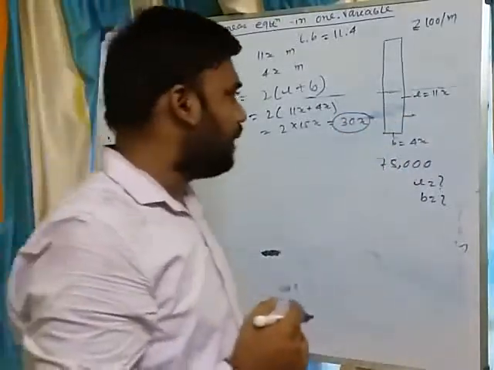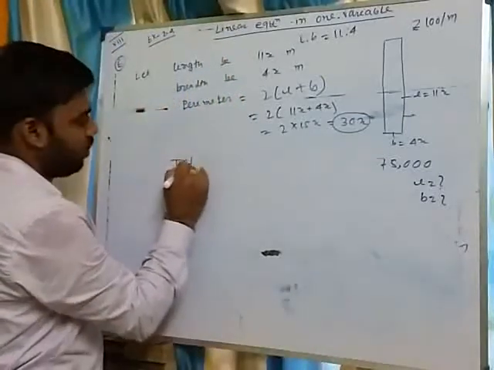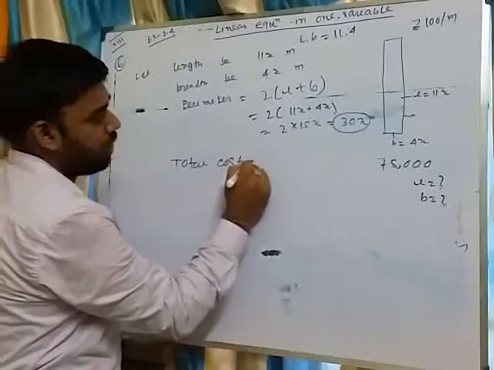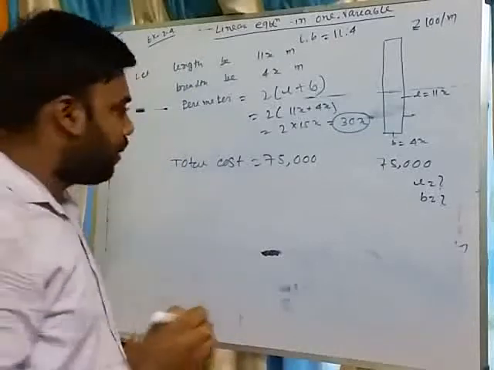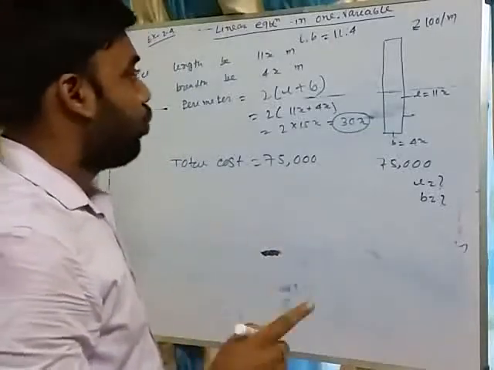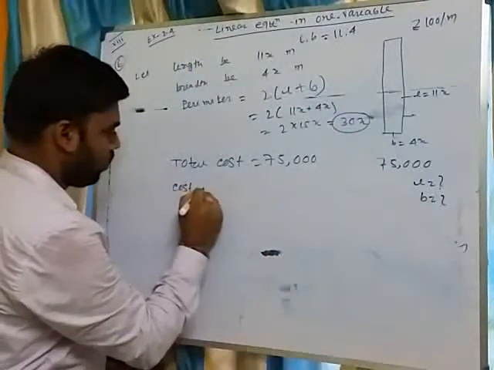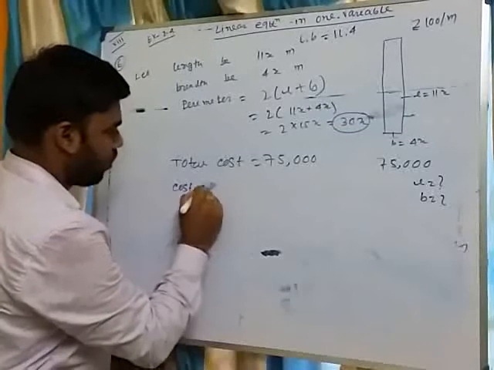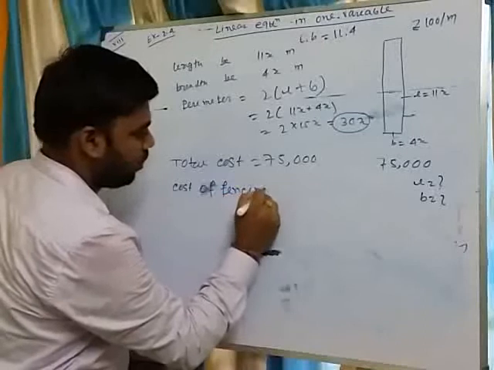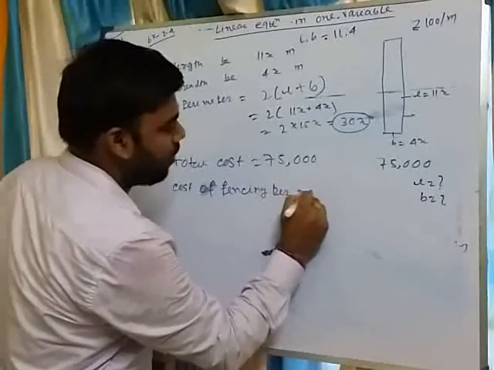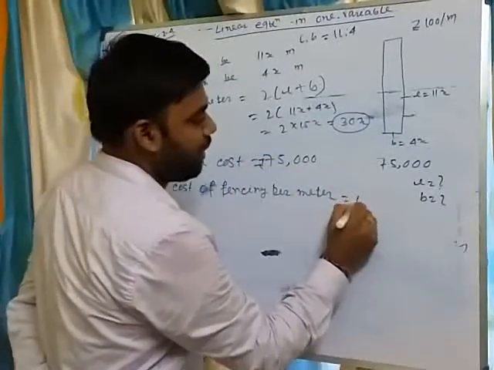Now, another condition is given. Total cost is 75,000 and the cost of fencing per meter is rupees 100.